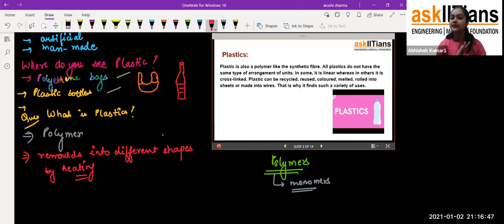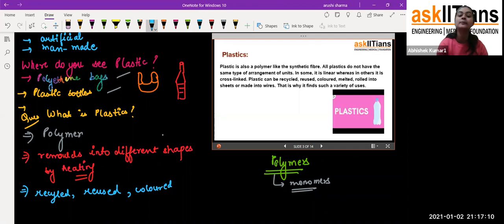But first of all, now you can relate. Okay, what is plastic? We can recycle plastic as well. So one important point also here is that we can recycle it, reuse it. Okay, and we can get many colorful materials from it, we can color it, and we can also melt it and remold it into different shapes, which I have already written here.